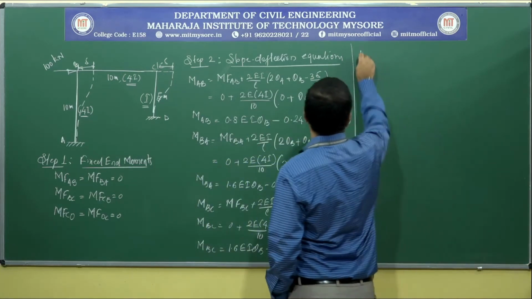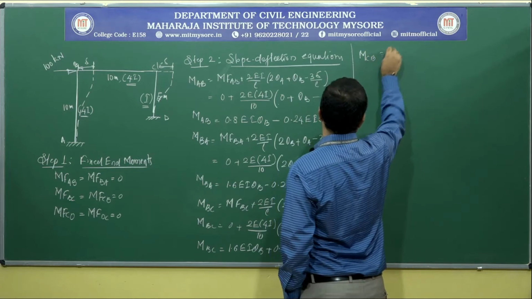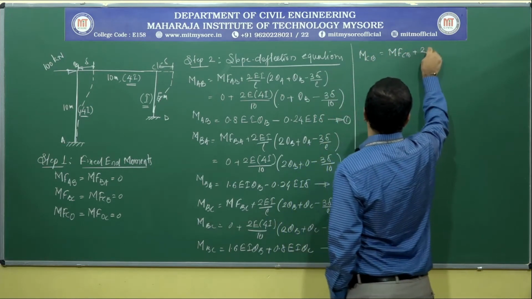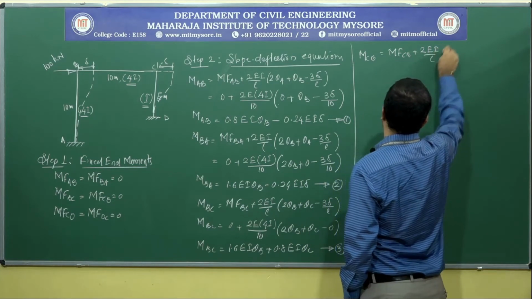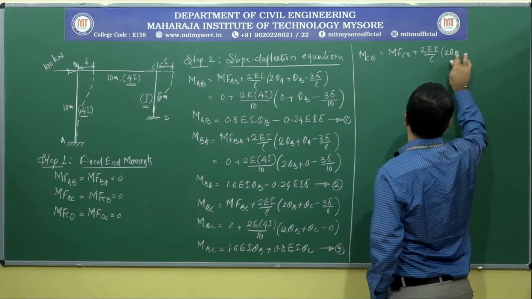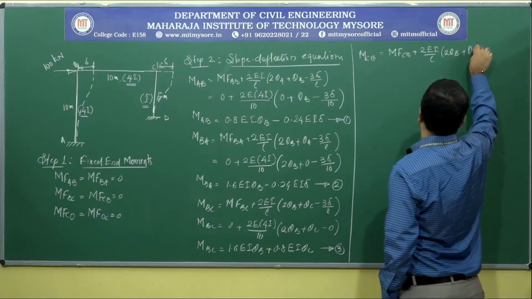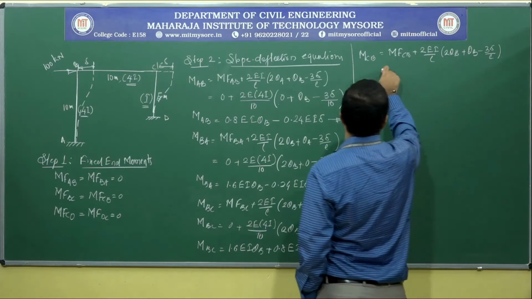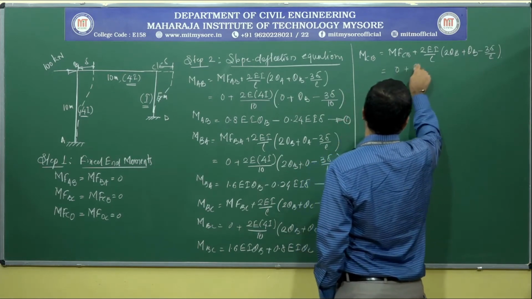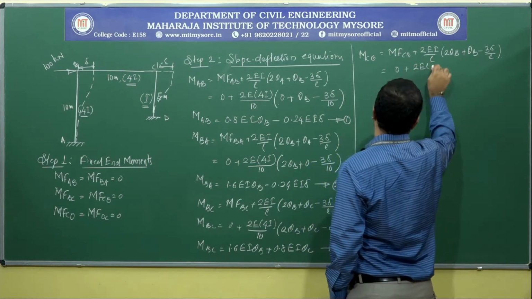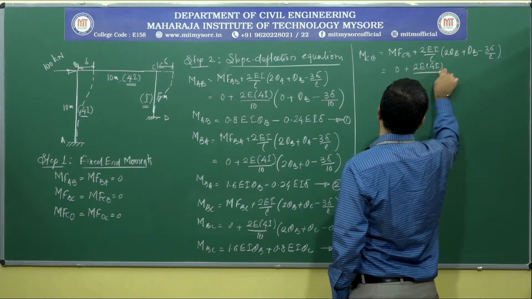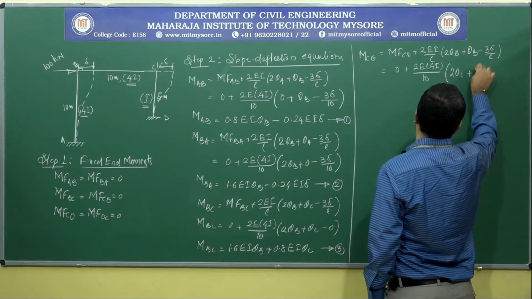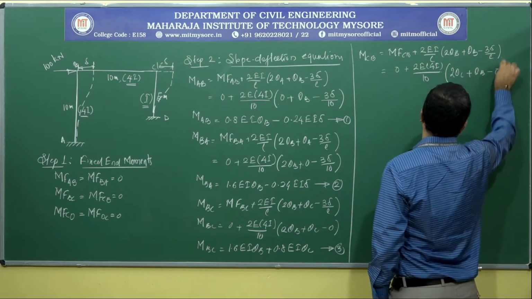Now MCB is equal to MFCB plus 2EI by L into 2 theta C plus theta B minus 3 delta by L. So MFCB is 0 plus 2E into I value is 4I divided by L is 10 meter into 2 theta C plus theta B minus 0.